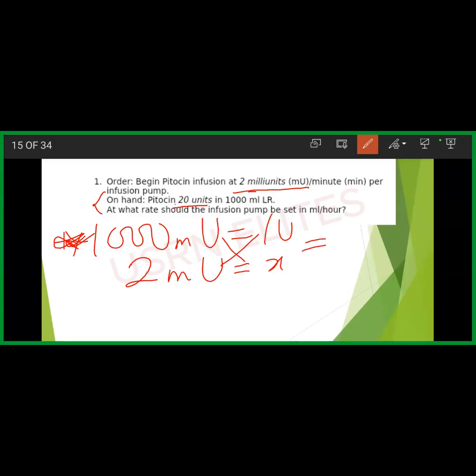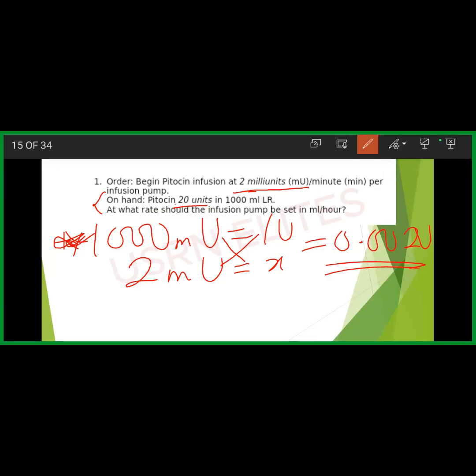And if it's from units to milliunits, you multiply by 1,000. So with cross multiplication, your final result will give you 0.002 units. Am I correct or wrong? Yes, it's correct, 0.002.